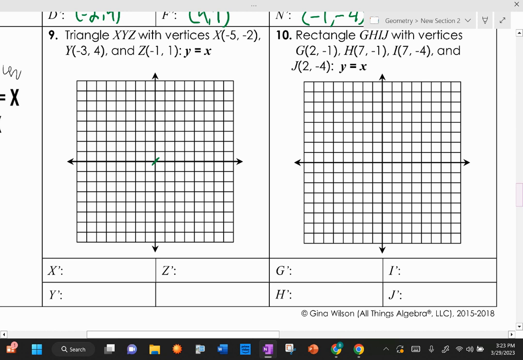So if y is 1, x is 1. If y is 2, x is 2. If y is 3 or 5 or 7, okay? And the same in the negative direction. Okay, perfectly diagonal, relatively speaking.